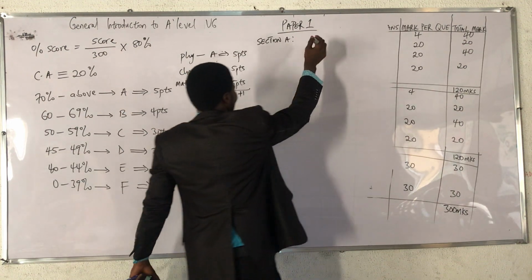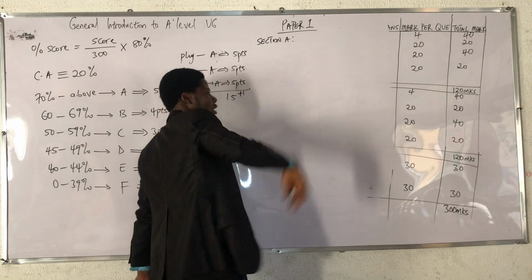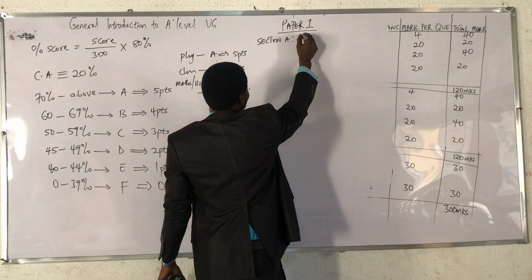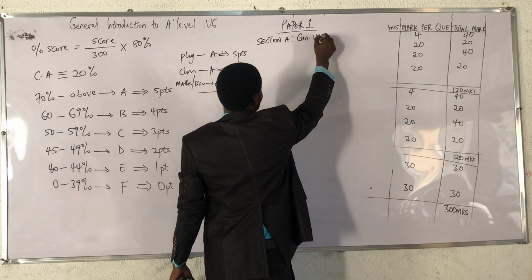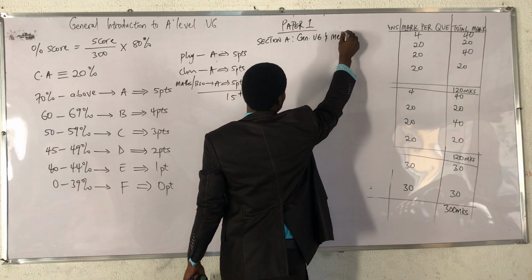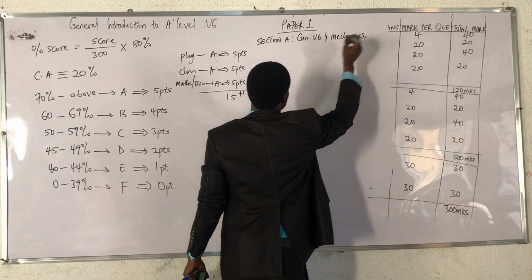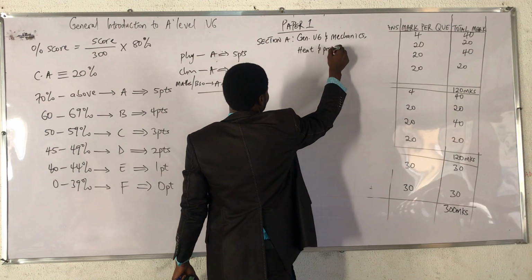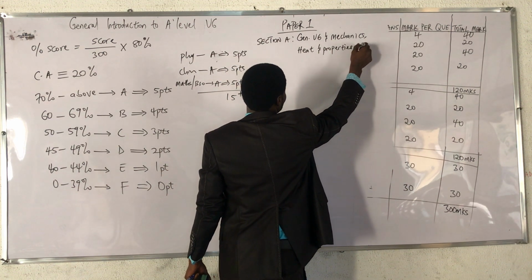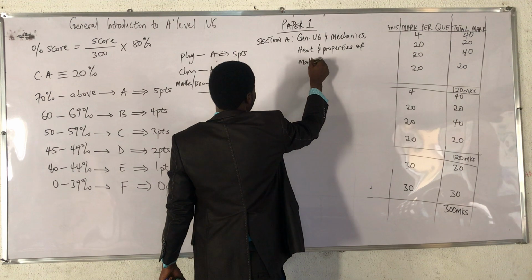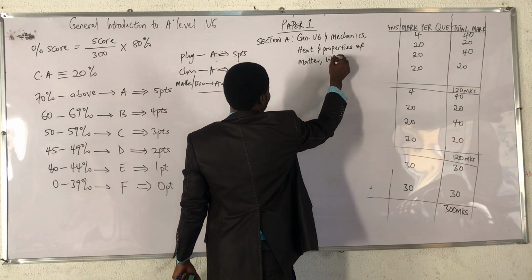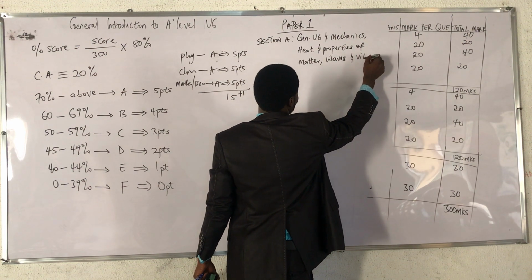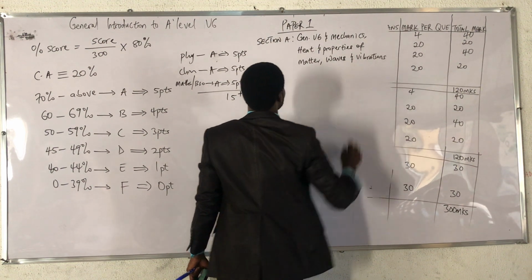Every aspect. So they just pick 10 randomly across all the topics. So section A, all the questions will come from general physics and mechanics, heat and properties of matter, then waves and vibrations.